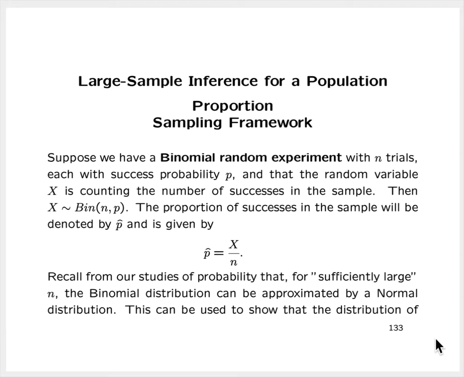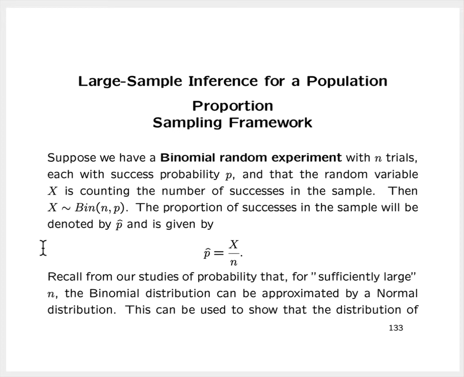So suppose that we have a binomial random experiment that we've described back in the module on probability and distribution theory, and that binomial experiment has n trials, each with success probability p, and that the random variable x is counting the number of successes in the sample.